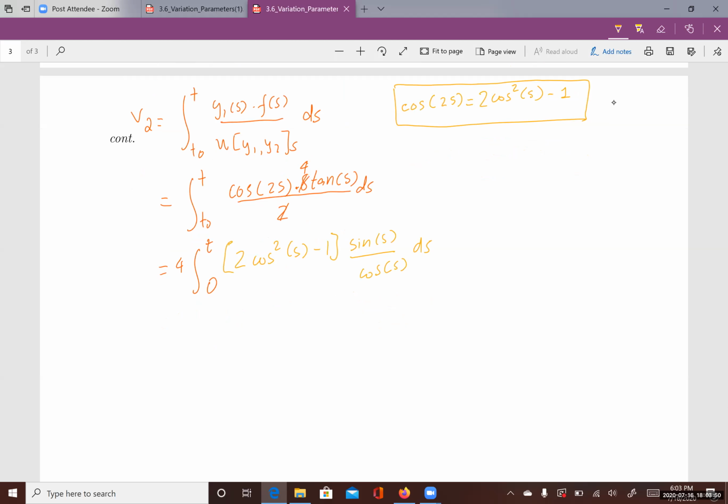So here we will have, distributed out, you would still have tangent of s, and you can simplify this to get, you still have 4 here, t0 to t, 2 cosine of s times sine of s minus sine of s divided by cosine of s, ds.